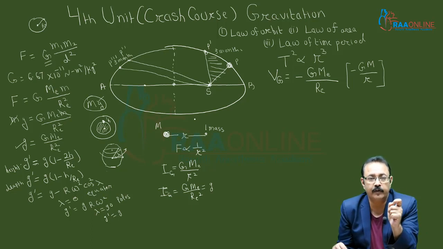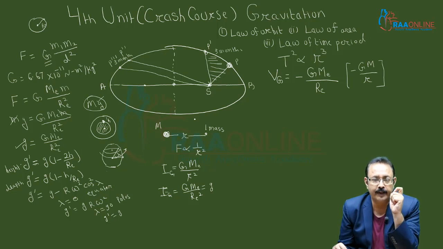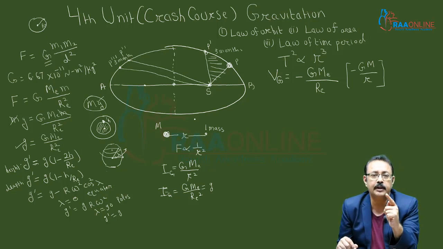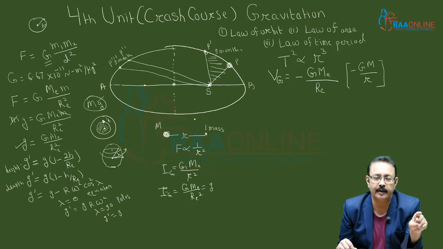We know the definition of gravitational potential. Gravitational potential is the work done in bringing a unit mass from infinity to that point. But if you are taking the whole object, then it becomes gravitational potential energy.